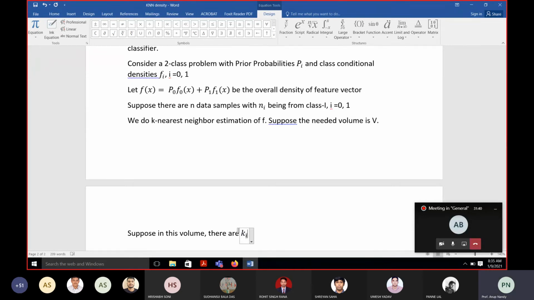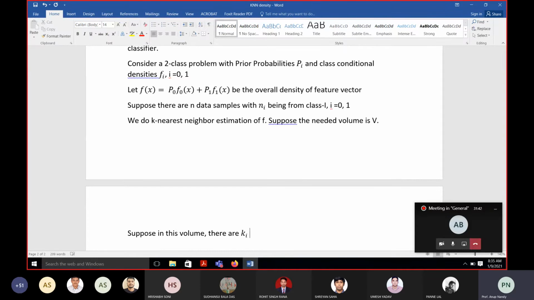Now you need to consider the same thing that we have done for the histogram bins, that is how many samples belong to the volume. That you have to estimate, where this h is fixed here.